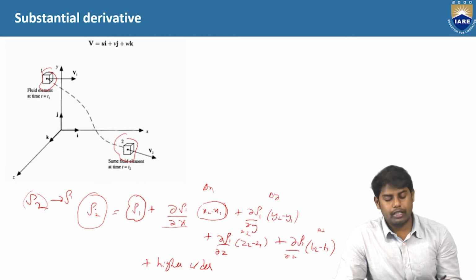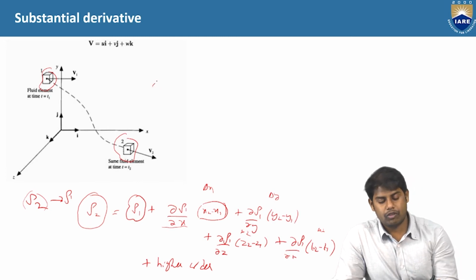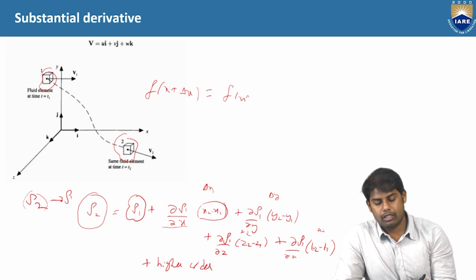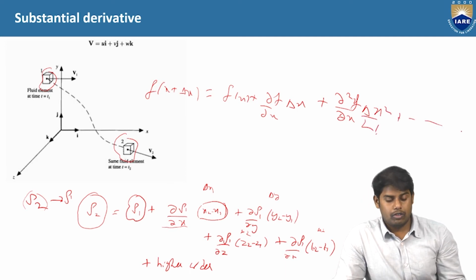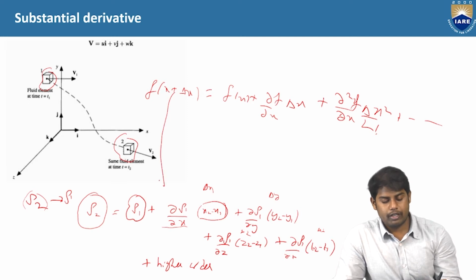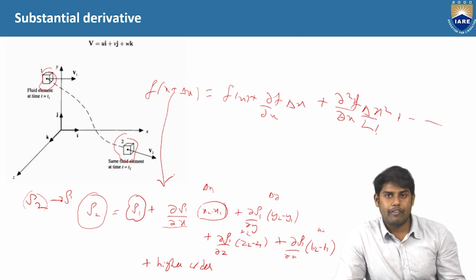So basically the Taylor series expansion is formalized like f of (x plus delta x) equals f of x plus ∂f/∂x into delta x plus ∂²f/∂x² into delta x squared by 2 factorial, plus so on. So this concept we are applying for our evaluation of the value of density at the next point.